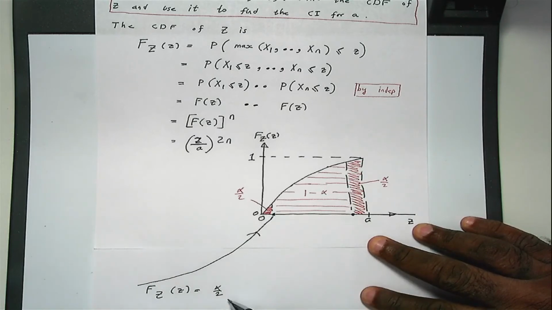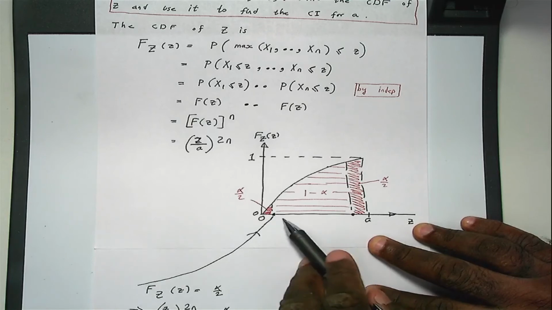So which implies that z divided by a to the power 2n is equal to alpha by 2, right? And this implies that z must be equal to a times this. So we have figured out the coordinate of this point.